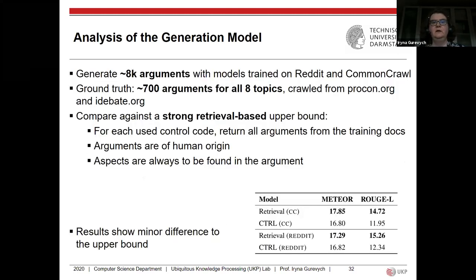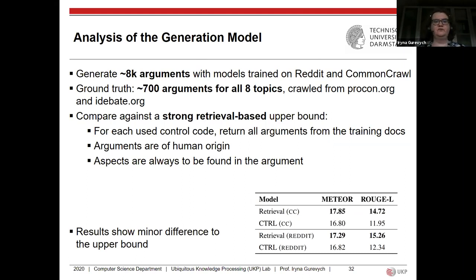To analyze how well the trained Reddit and Common Crawl models perform, we generate approximately 8,000 arguments from each model. And our reference data consists of around 700 arguments for all 8 topics crawled from human debating websites on the web. And then we compare the generation model against an upper bound retrieval approach.